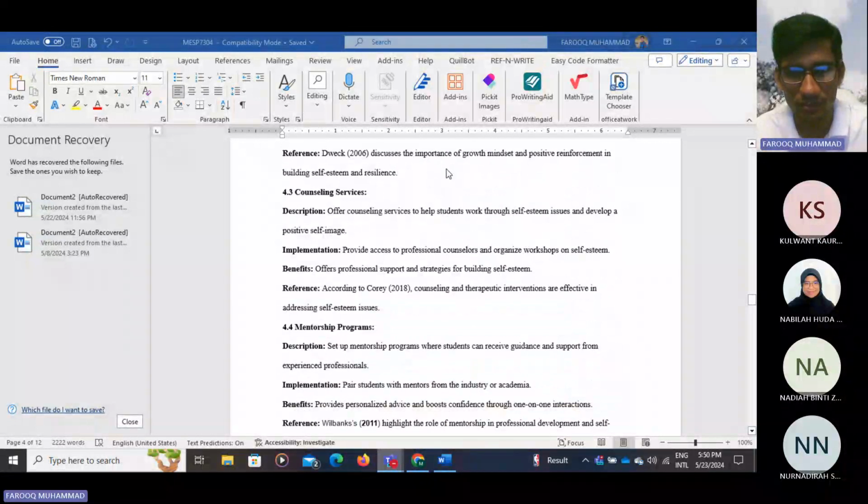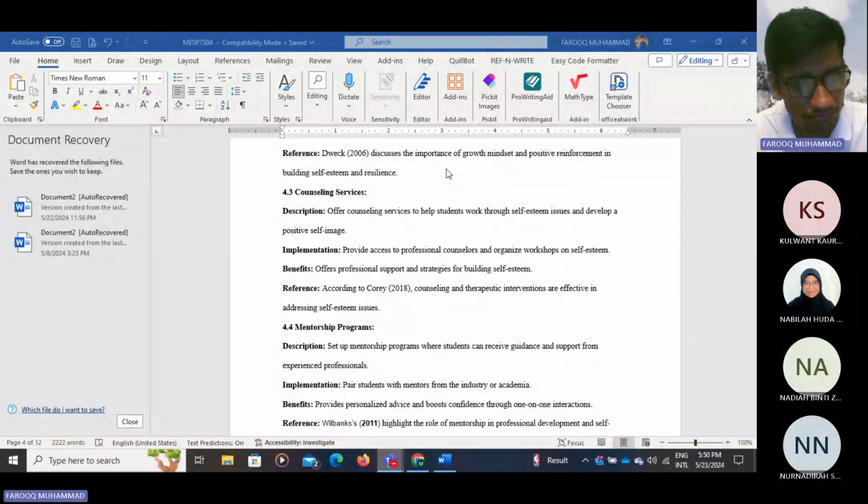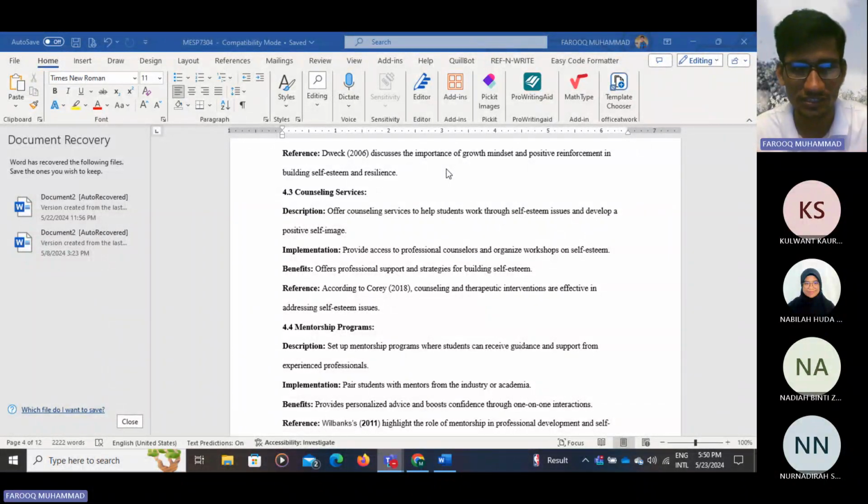The third one will be the counseling services. We are offering counseling services from our mentorship. In Pakistan, we have different kinds of persons who deliver lectures on self-esteem.